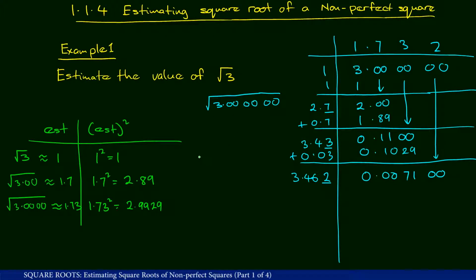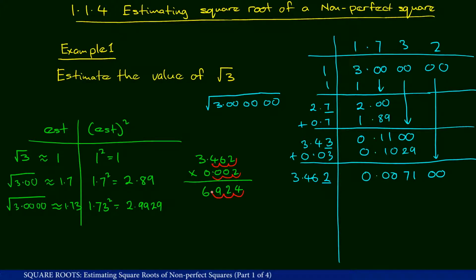And what is the product? 3.462 times 0.002. This is equal to 4296. Alright, so how many decimal places? 1, 2, 3, 4, 5, 6.